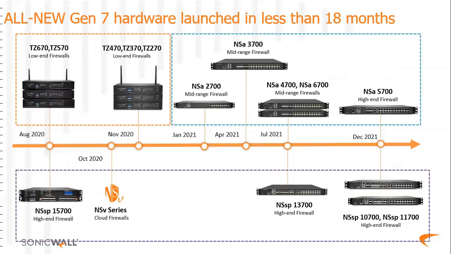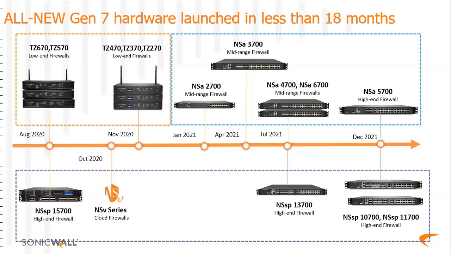So this is the all new Gen 7 hardware that launched in less than 18 months. From August 2020, we can see the launch of the low-end firewalls, which are TZ 670 and TZ 570, as well as an NSsp high-end firewall, 15700.